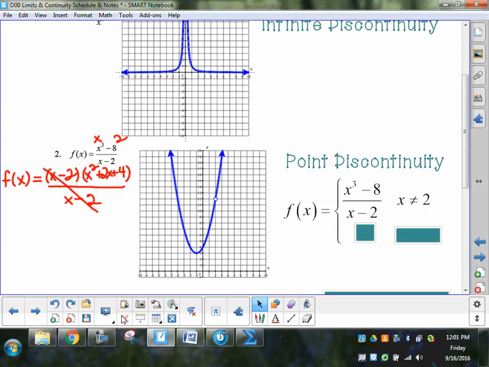You can tell me the number value that the function would need to take on in order to plug that hole. You got 1, 2, 3 of you. What would the function value have to be in order to fill that hole? Look at what the reduced expression is.